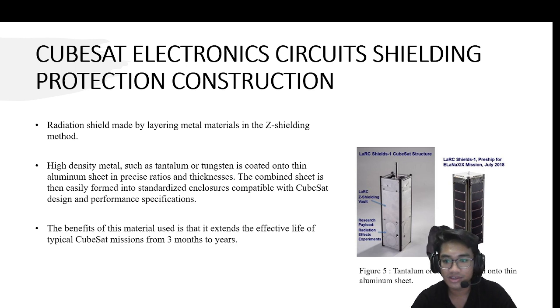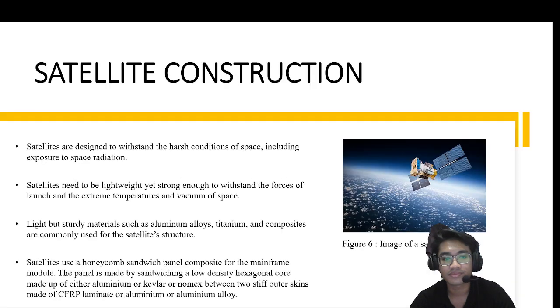Figure 5 here shows the tantalum or tungsten coated onto thin aluminum sheet. They cover the CubeSat structure to prevent it from being damaged in outer space. It also extends the effective life of the typical CubeSat mission.